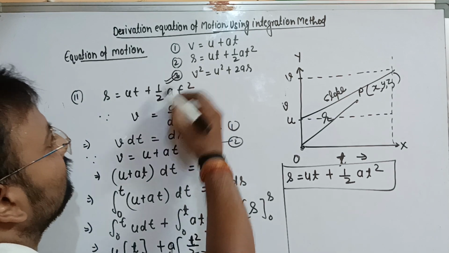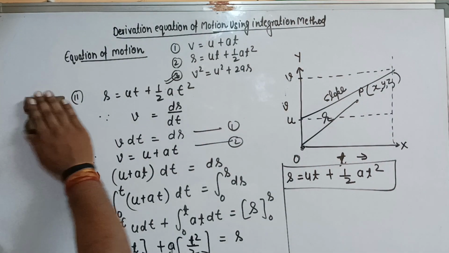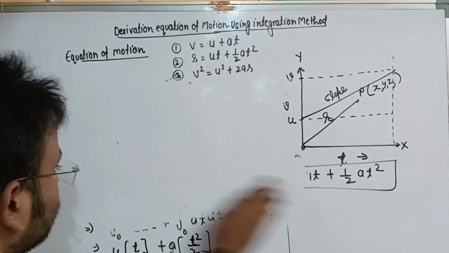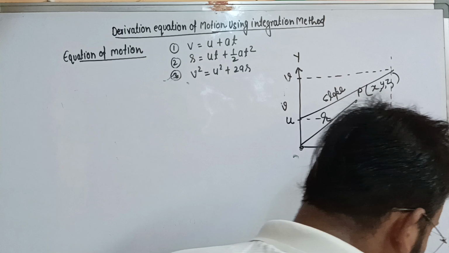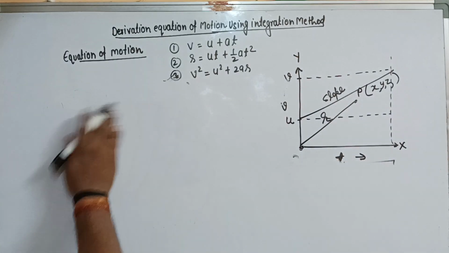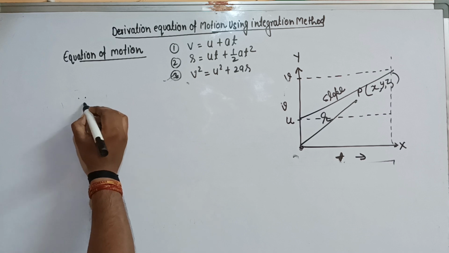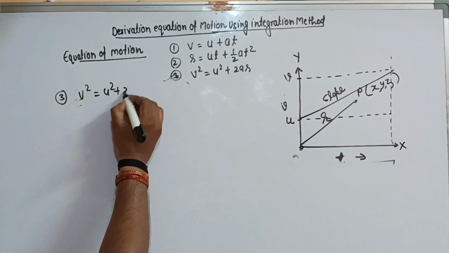Now we solve the third equation of motion, v square is equal to u square plus 2as.